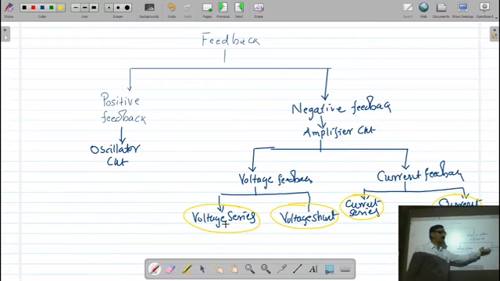Accordingly, we have two types of feedback. If the feedback voltage is connected in series, it is voltage series. If it is connected in shunt, parallel to the input signal, it is voltage shunt. In the same way we have current feedback. Now let us see a block diagram of all these four types of feedback.